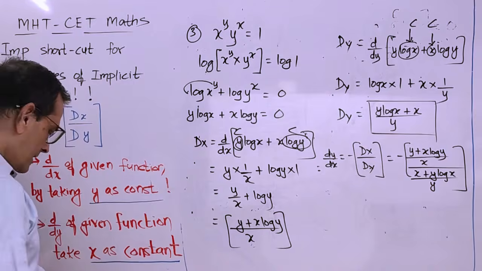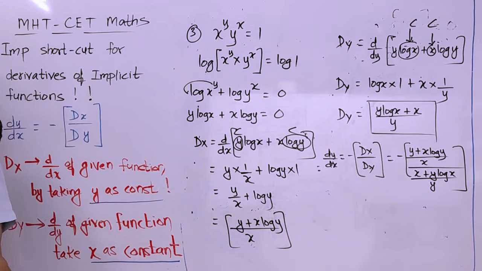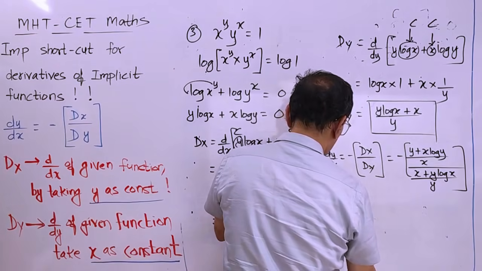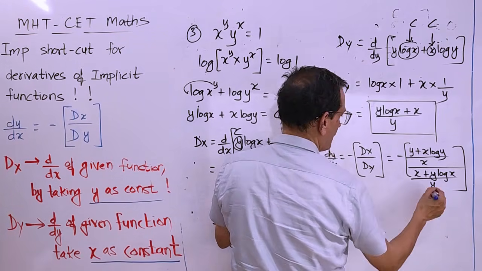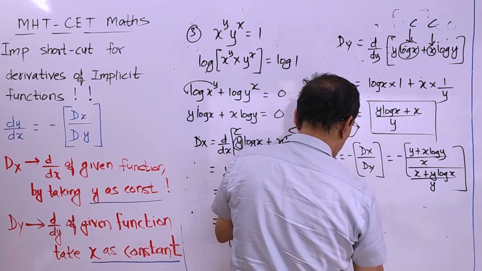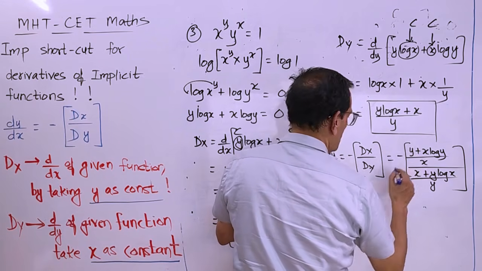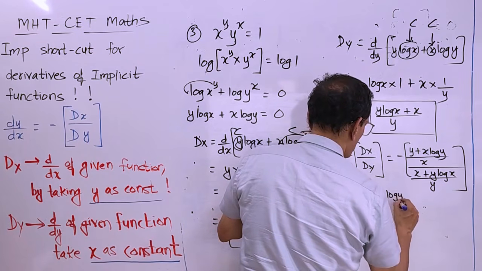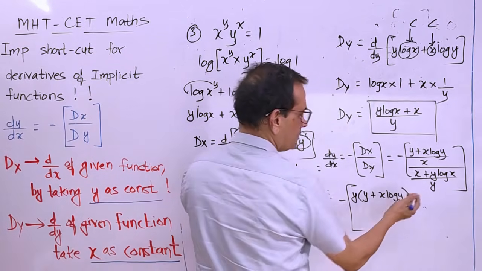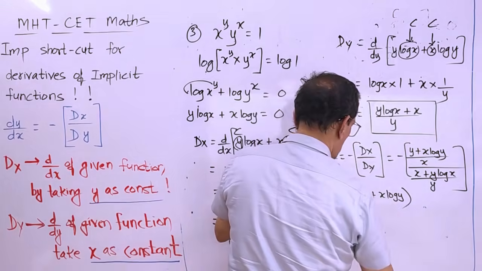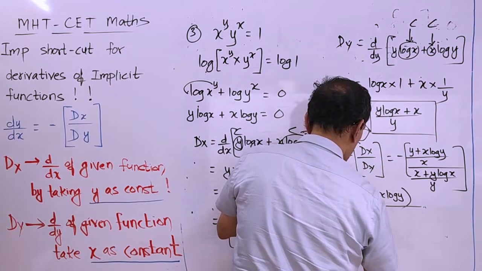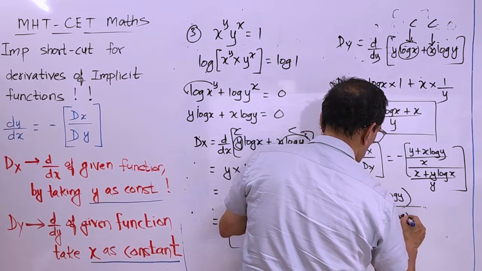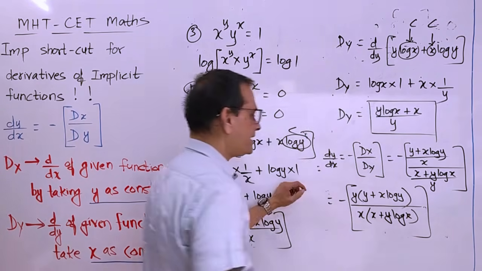Use reciprocals, get the answer. So reciprocal लेने के बाद माइनस साइन बाहर है, y यहाँ पे जाएगा, y इंटू y प्लस एक्स लॉग y. इसका उल्टा करने के बाद और इसके साथ में x इंटू, that is the answer given.